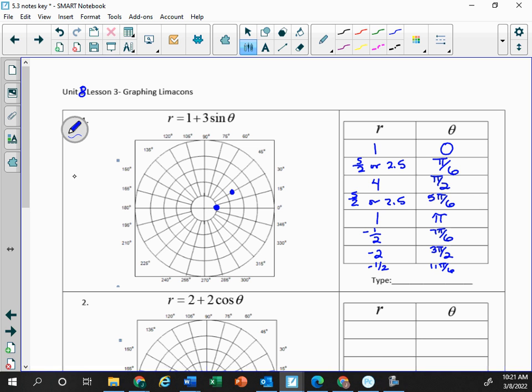Okay, then 4 at pi over 2. There. Another 2.5, this time at 5 pi over 6. That's 150. Okay, 1 at pi.